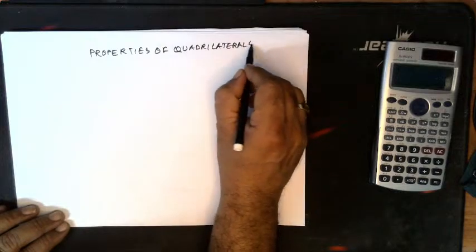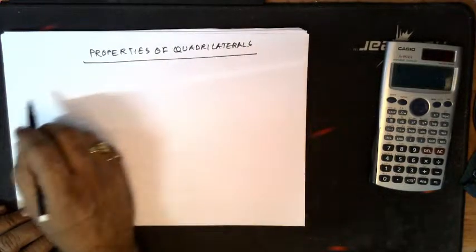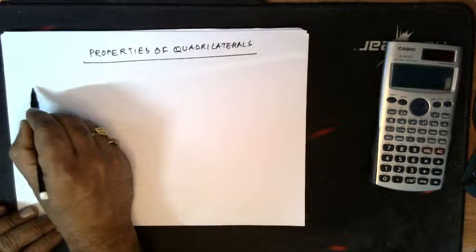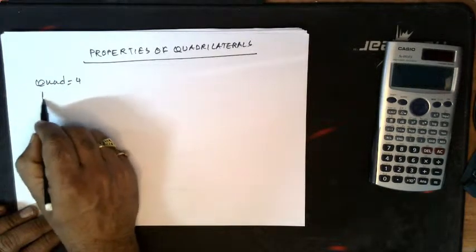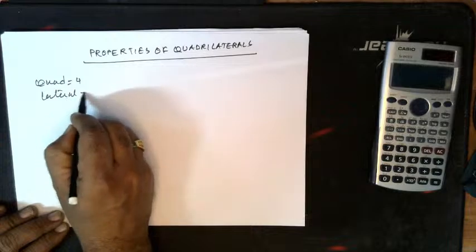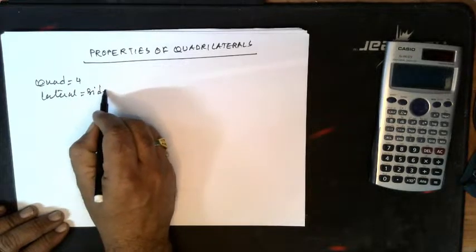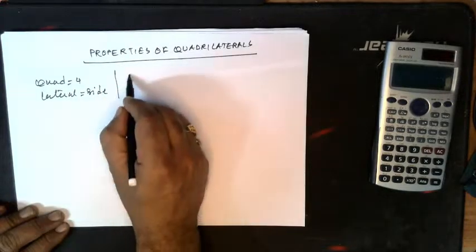Quad means four, lateral means side, so four-sided figures. So we are discussing four-sided figures.